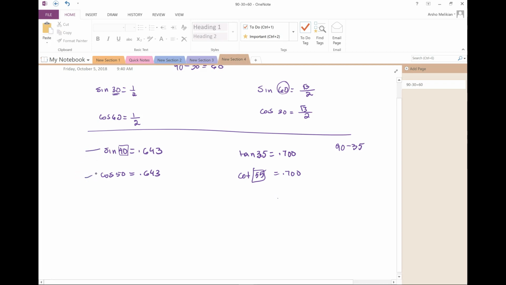So we're definitely dealing with complementary angles, right? 90 minus blah. And then there are these two functions that are related. Sine, cosine, tangent, cotangent, secant, cosecant. Now you know why it's the co of something. It's a function and then it's the co of that function.